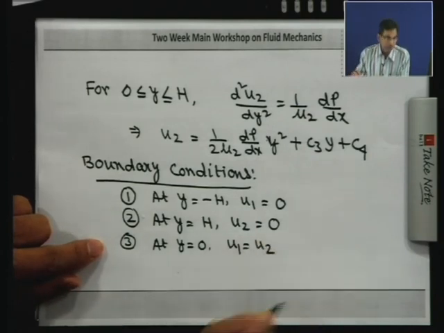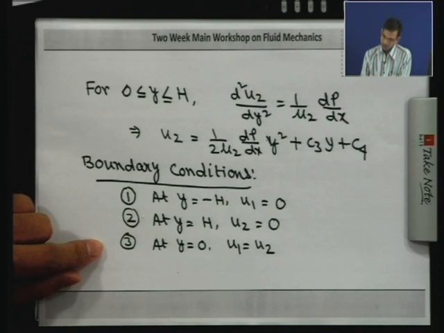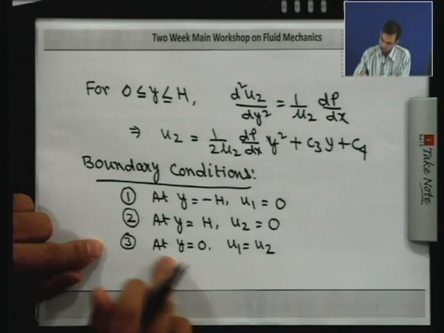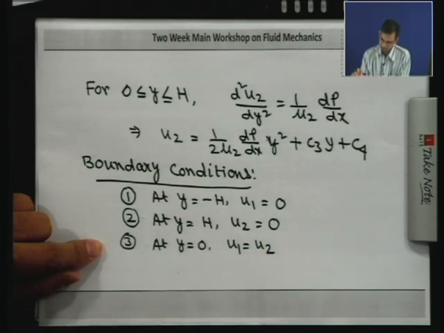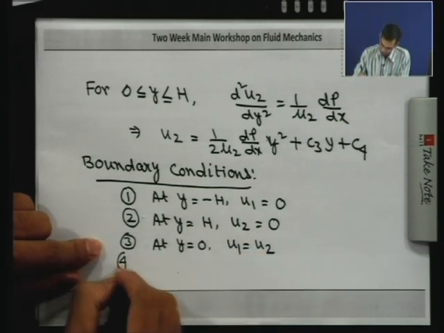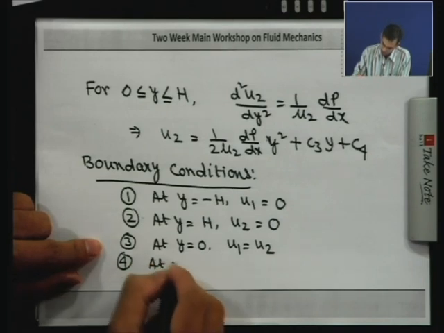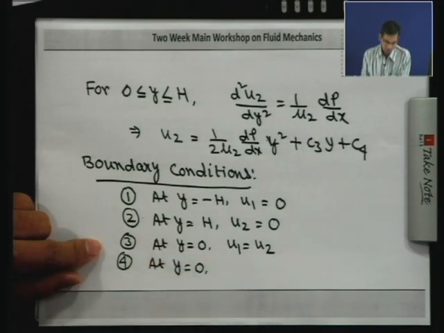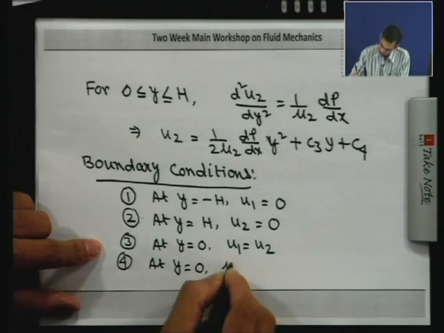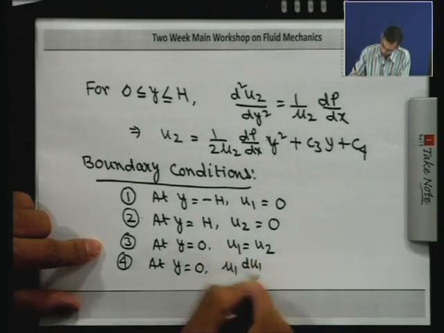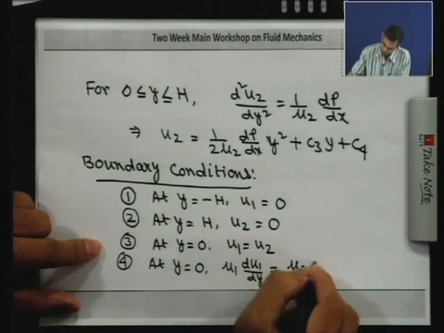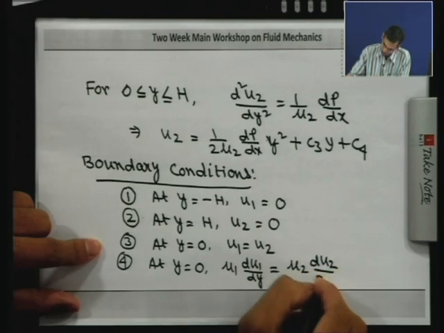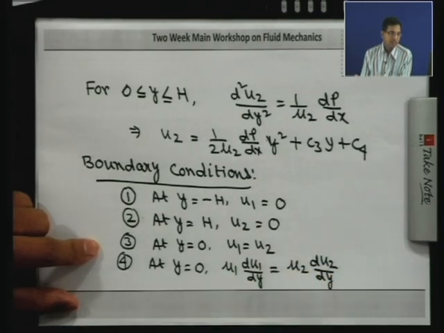There is continuity in velocity across the two layers of fluids, so at y equals 0, u1 is the same as u2. Similarly, at y equals 0, one more boundary condition is needed: mu1 du1/dy is the same as mu2 du2/dy. This is nothing but the continuity in shear stress.